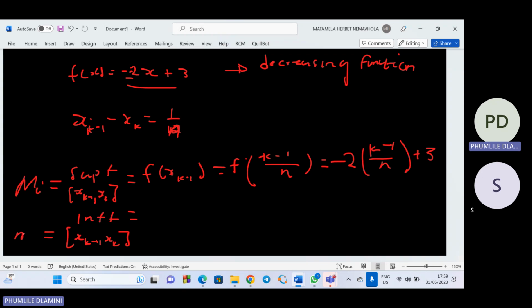This is the small letter m_i, when you remember. But here we don't say m_i, we say m_k.